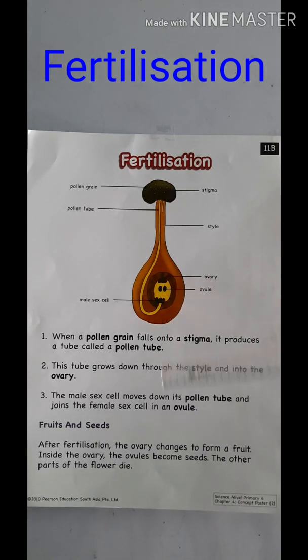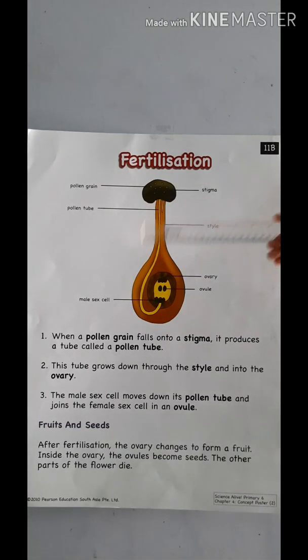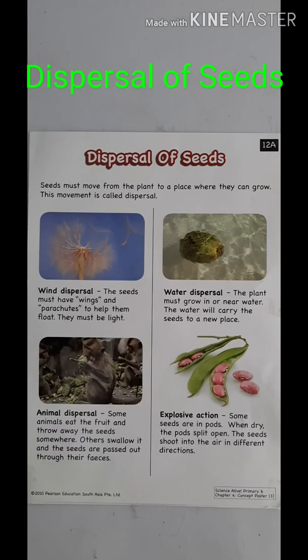Next, after fertilization, the ovary changes into fruit and the ovule becomes seeds. The other parts will die. Next, we talk about dispersal of seeds.